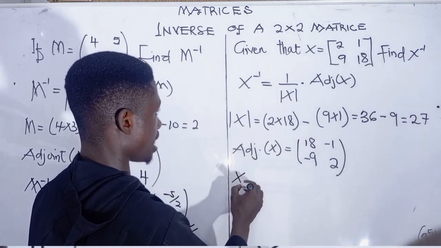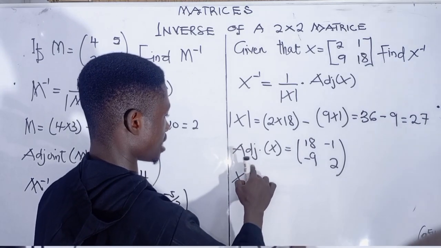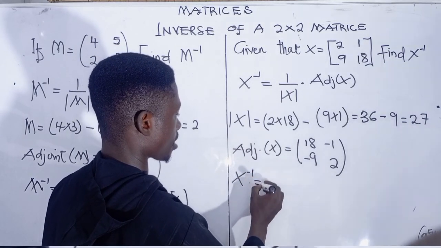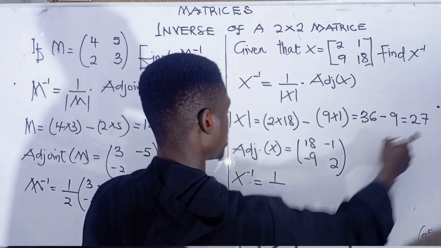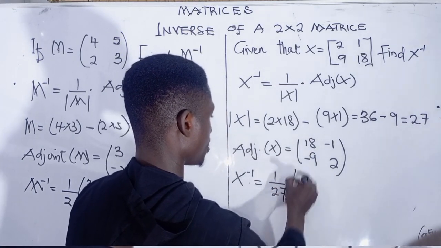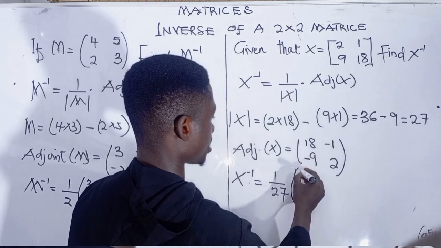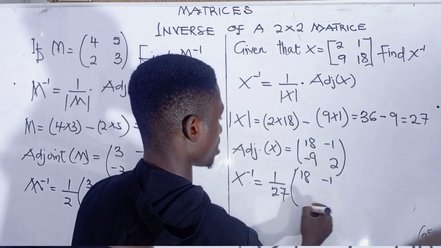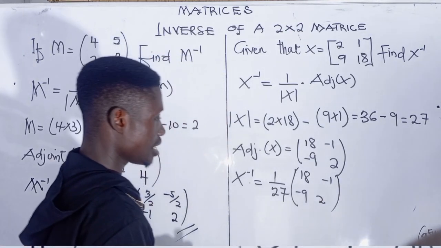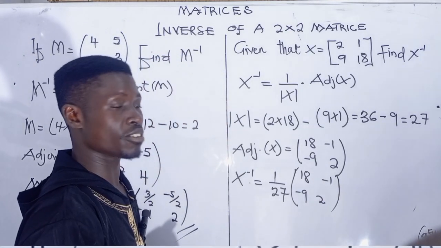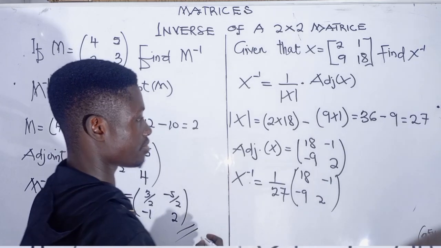So we have the inverse of X will be equal to 1 all over the determinant multiplied by what? The adjoint. 18, minus 1, minus 9, 2. Now once you have this, you can leave it in this form, or better still, you can simplify.